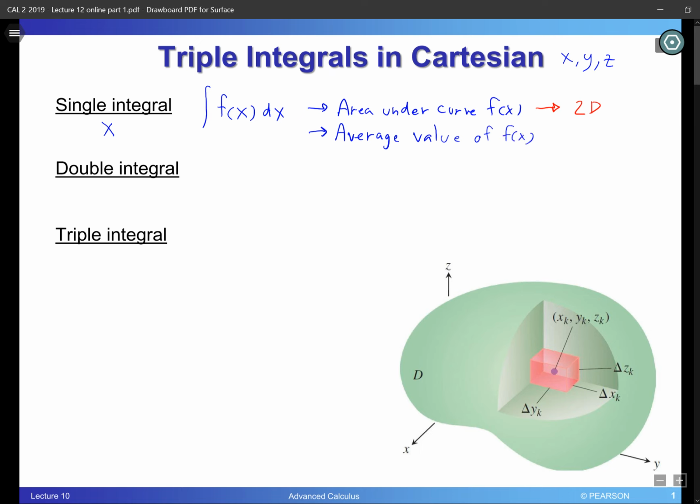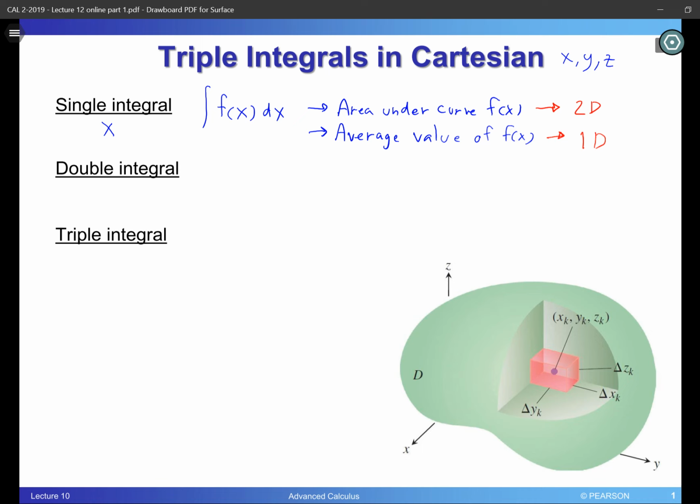And as you can see, average value comes out to be a scalar, which means that value has to be one dimension. So I show this to you because when you see an integration, don't assume that the result has to be area always. Sometimes it comes out to be a scalar. It depends on how you use it. Single integration can come out to be 2 dimension or 1 dimension. Alright, that is what we learned in Cal 1 a long time ago.